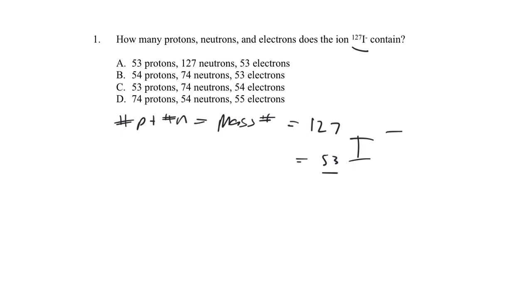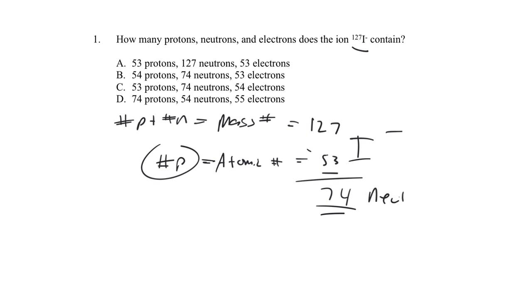So this, of course, is our atomic number, and that's the number of protons in the nucleus of the atom. So iodine has 53 protons from its atomic number. It would have the difference from 127 and 53. So I take 127 minus 53. That's 74 neutrons.